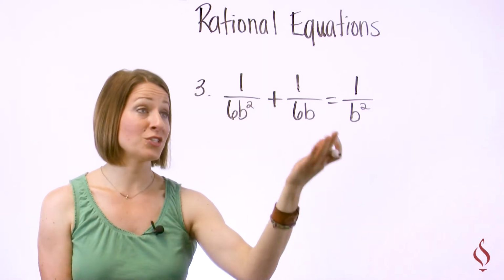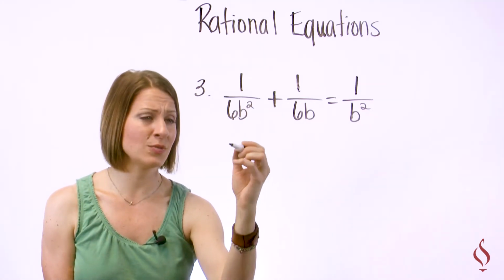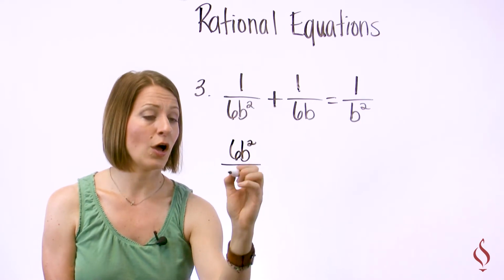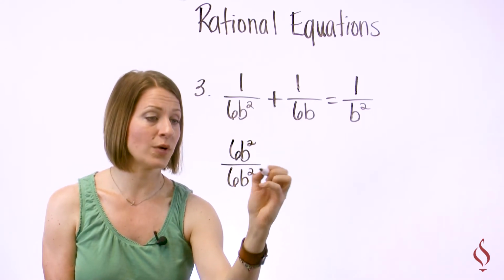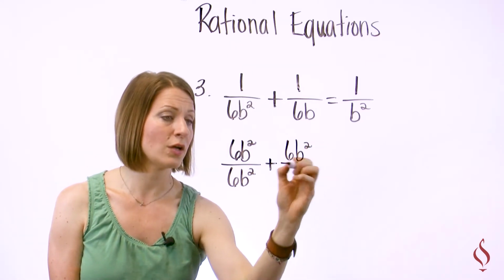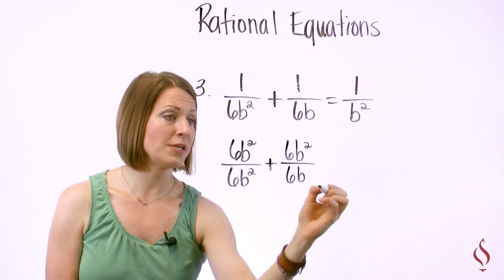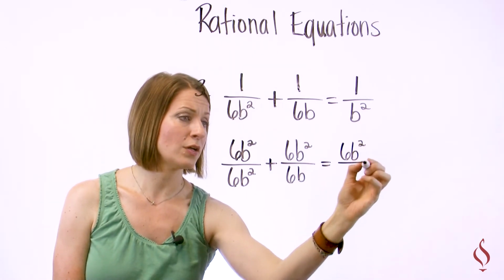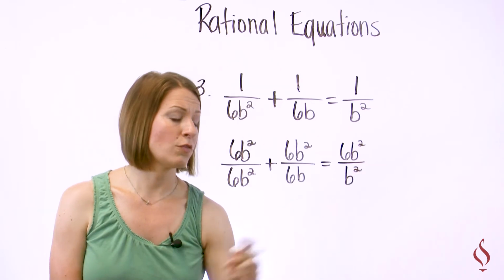And each of the numerators right now are 1, so this is what it's going to look like. It's going to be 6b squared over 6b squared plus 6b squared over 6b equals 6b squared over b squared.